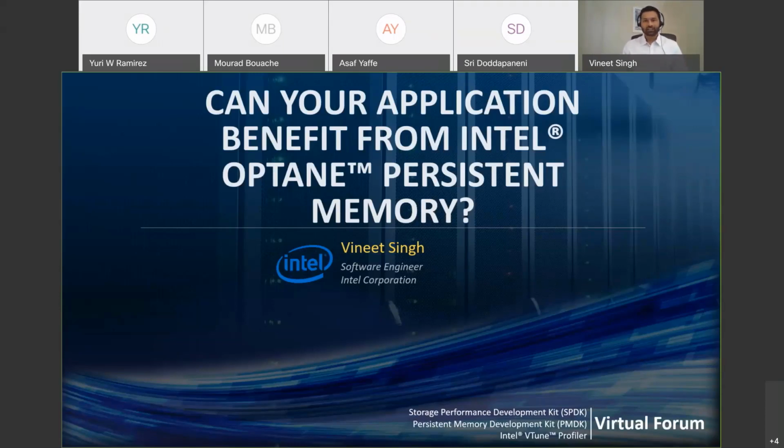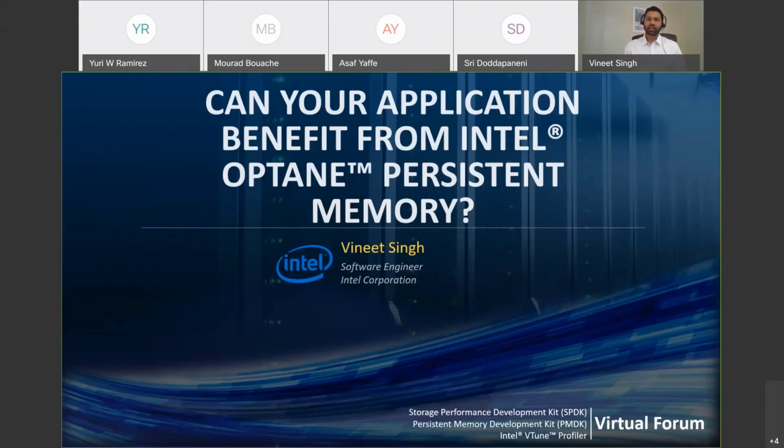So Intel has offered this new memory technology, Optane persistent memory, which is persistent. It's like DRAM, provides extra capacity to you. All those things sound amazing. But as an end user, the main question in your mind is, how can I benefit from this new memory technology?